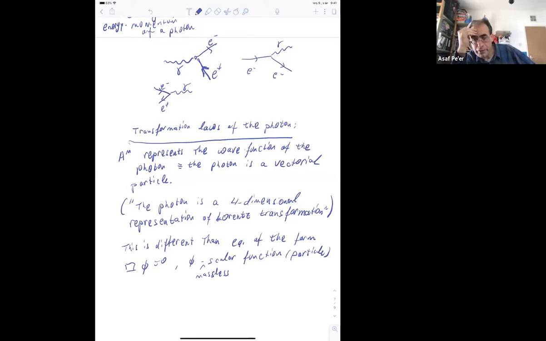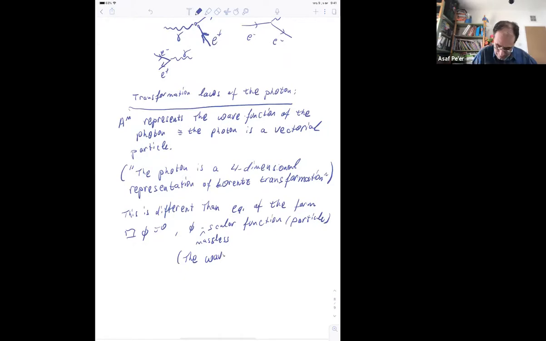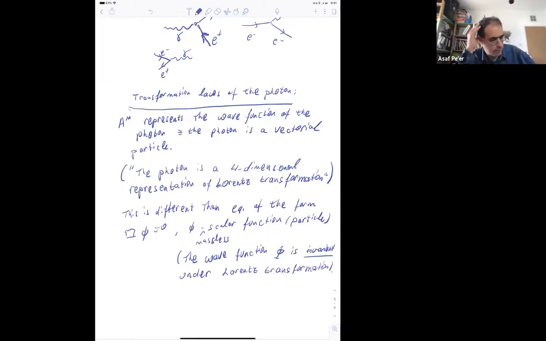This is not the case for the photon. The photon is not invariant.